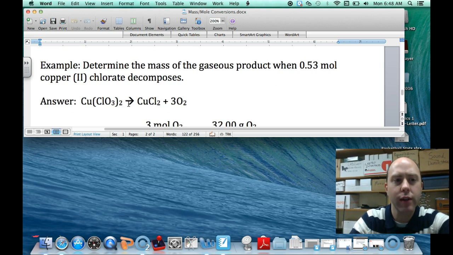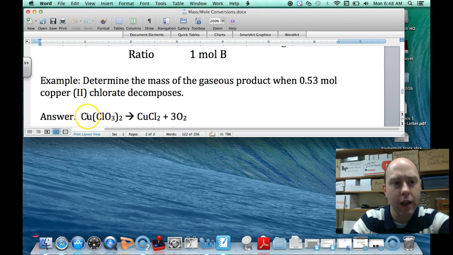So let's go ahead and write out the formula. Copper 2 chlorate, my bad, Cu(ClO3)2, because copper's plus 2, chlorate's negative 1, so I need parentheses 2. And again, that makes a metallic chloride, in this case copper 2 chloride, CuCl2, because copper's plus 2, chloride's negative 1, plus oxygen, O2, because oxygen's diatomic.